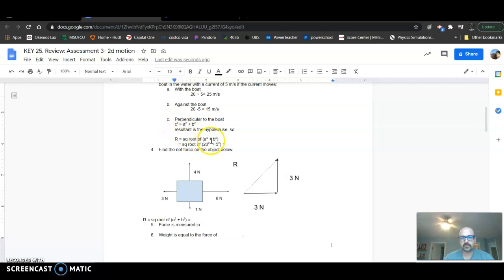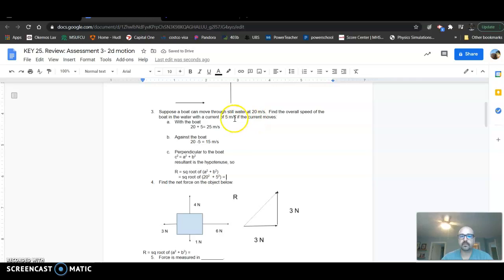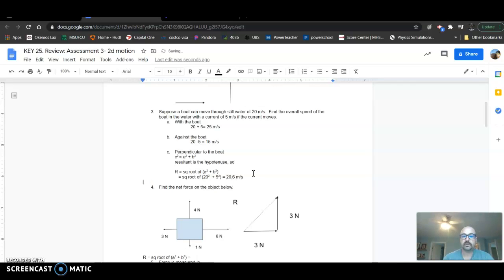We get the square root of a squared plus b squared, which becomes the square root of 20 squared plus 5 squared. If you punch those into your calculator, you get 20.6 meters per second. That would be the actual speed of the boat, so it did speed up a little bit because of the perpendicular current.